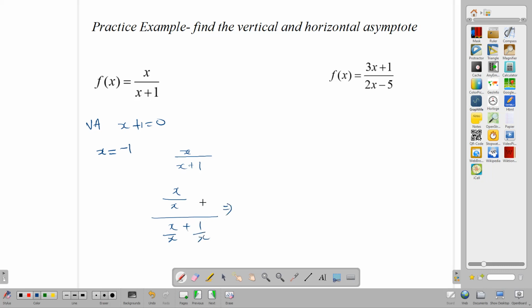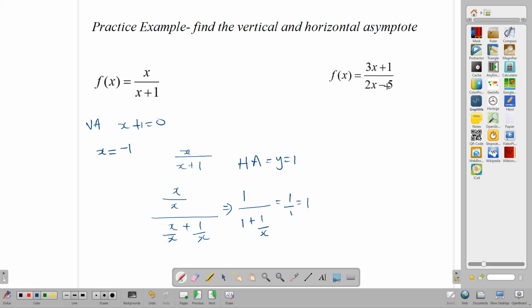And what this gives us is 1 over 1 plus 1 over x. And as you can imagine, if x keeps getting bigger and bigger, then this term is going to get smaller and smaller. And so this 1 over 1 ends up being 1. And so this is the horizontal asymptote. I'm going to write it as horizontal asymptote, y equals 1.